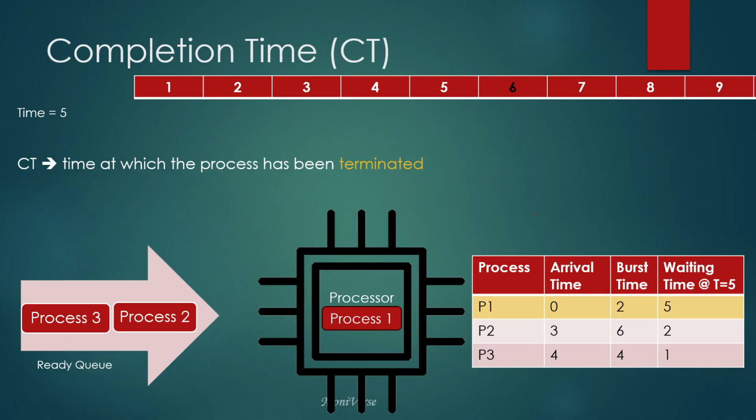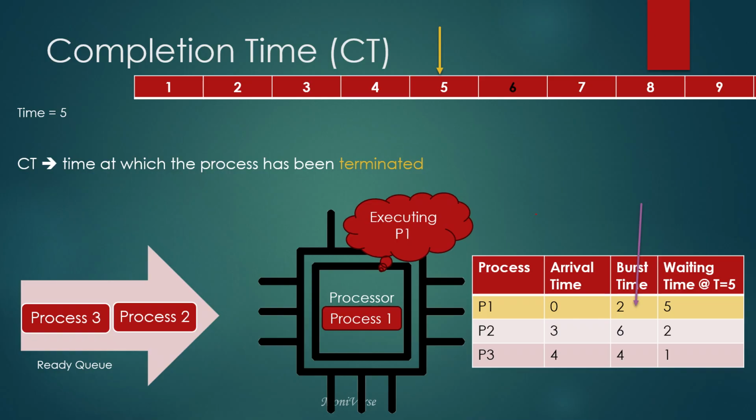So, completion time. What is completion time? Completion time is the time at which the process is completely executed. Now at 5, process 1 entered the processor and we can see the burst time of the process is 2 units, right?